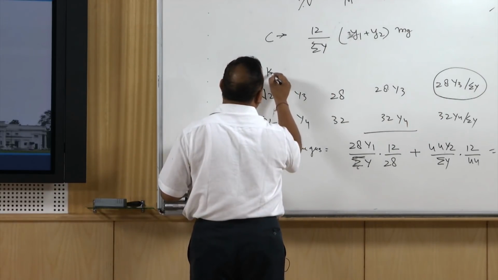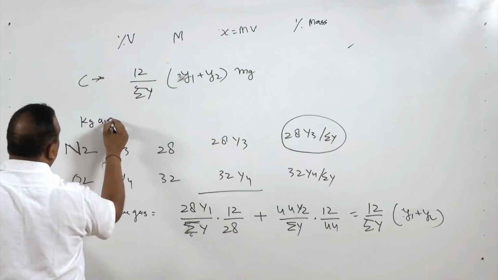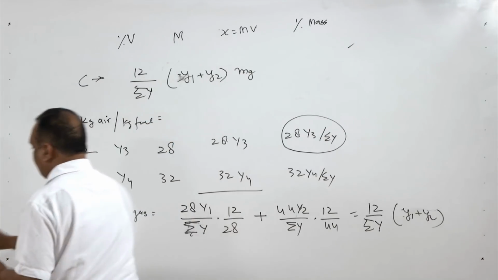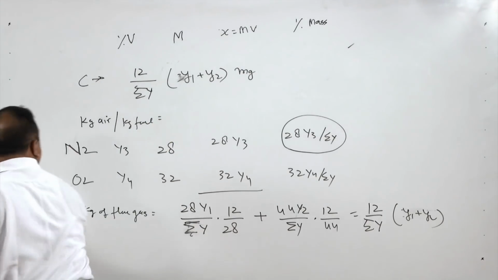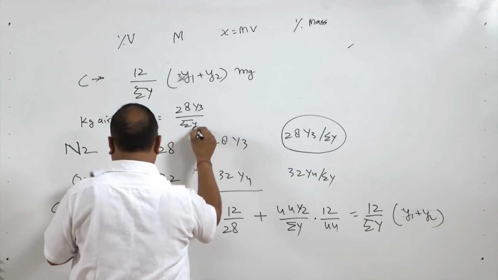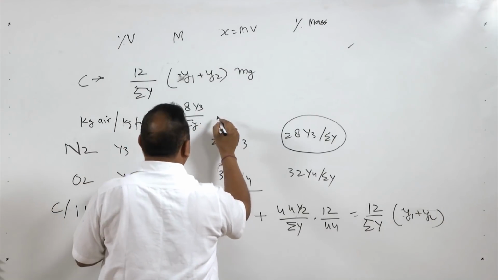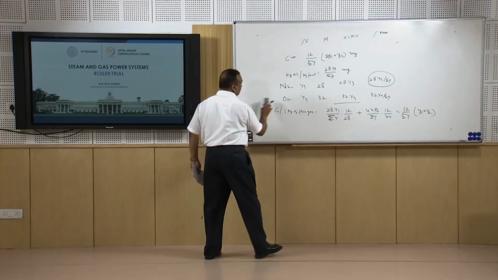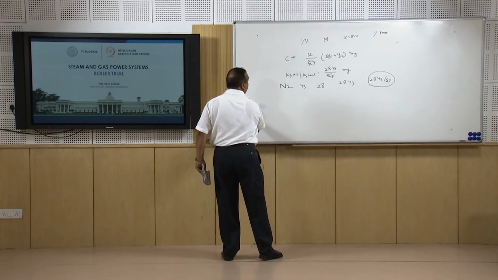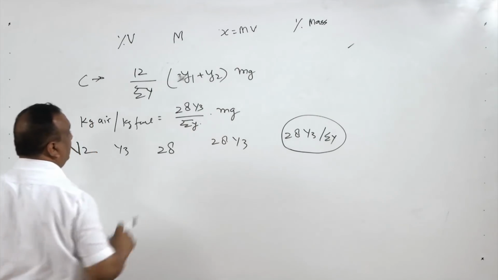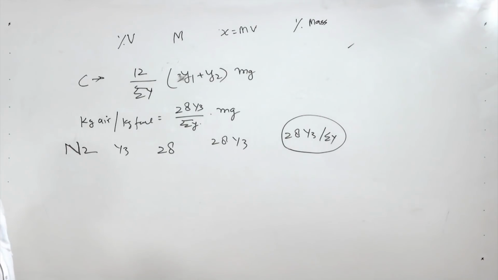So kg of air per kg of fuel is 28 Y3 by sigma Y multiplied by the mass of the flue gases. Is it clear? This is the percentage of nitrogen in flue gases per kg of flue gases.